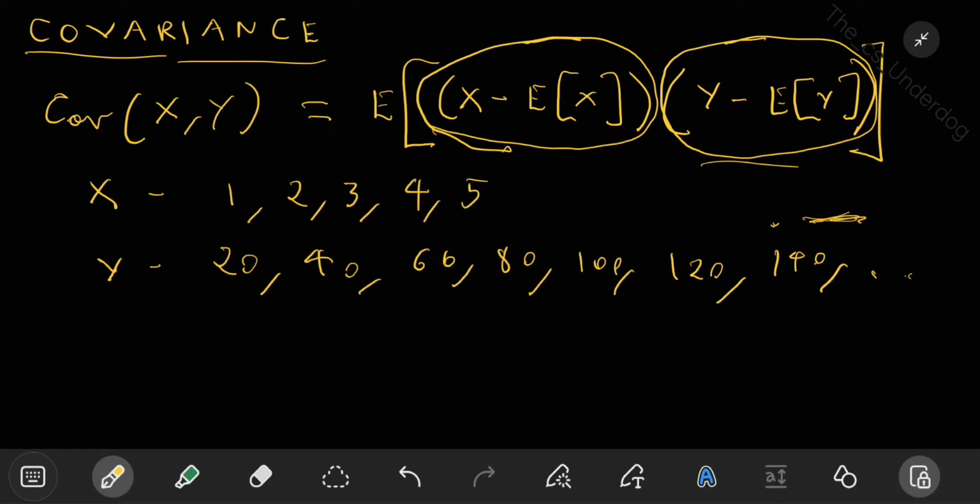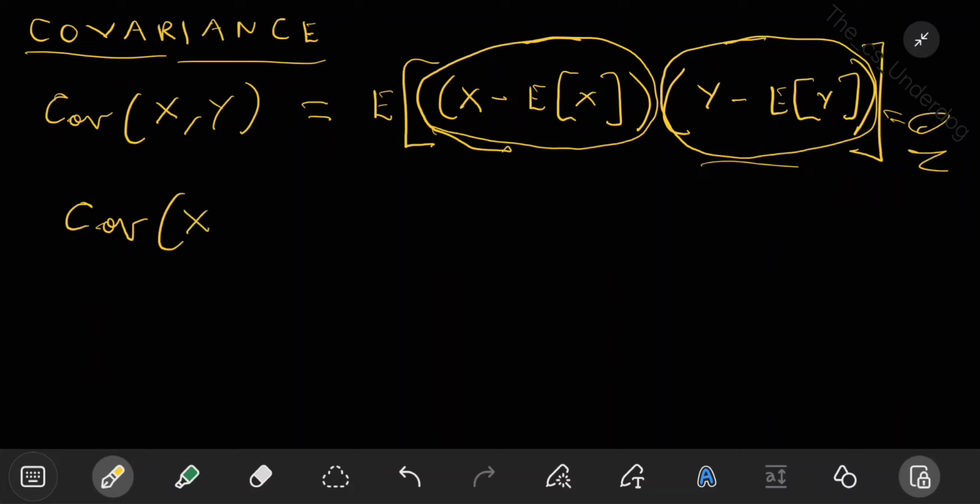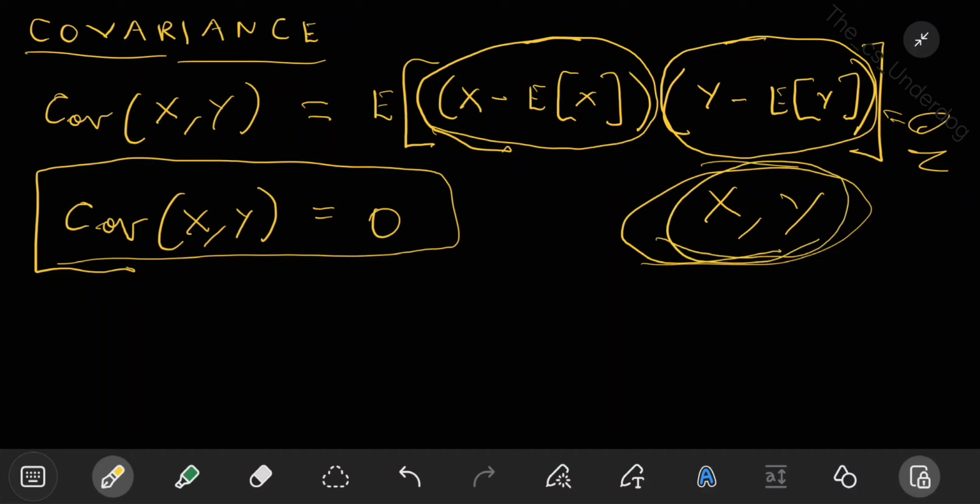But if the covariance value turns out to be 0, what does that mean? There is no linear relationship between them. And here I have to make a point: if covariance of x, y is equal to 0, this tells you that there is no linear relationship between x and y, but this does not mean that there is no relationship between x and y at all.